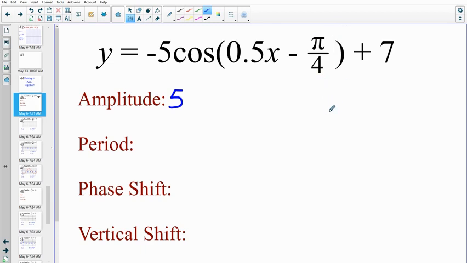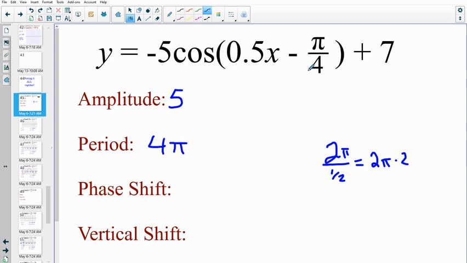We'll find the period by doing 2 pi divided by 0.5. Dividing by 0.5 is the same as dividing by a half, which is the same as multiplying by 2. So this is really 2 pi times 2, which is 4 pi.